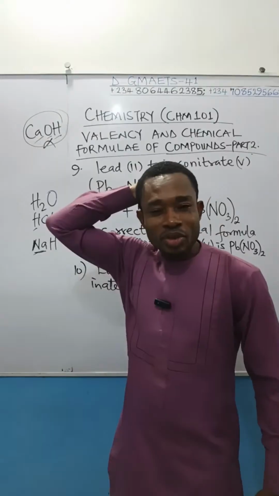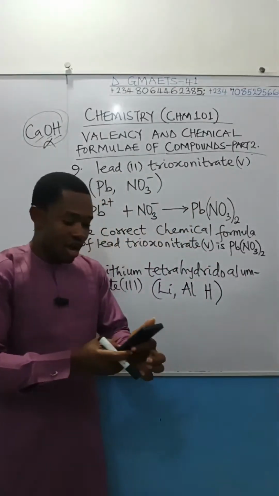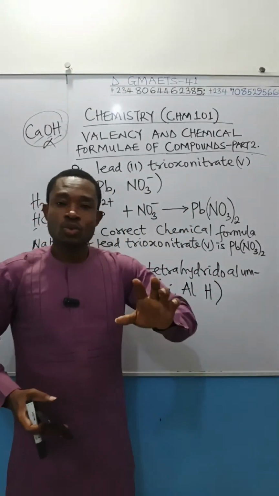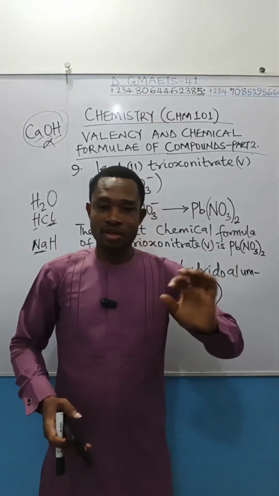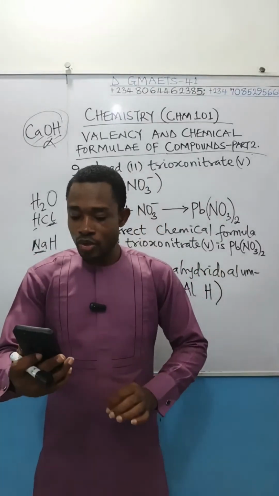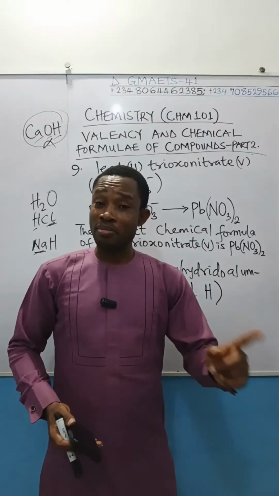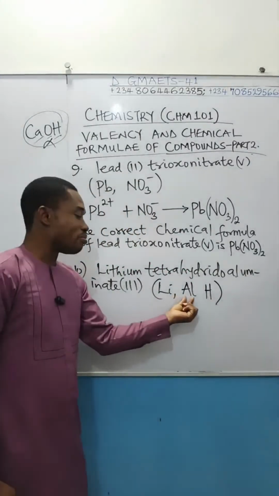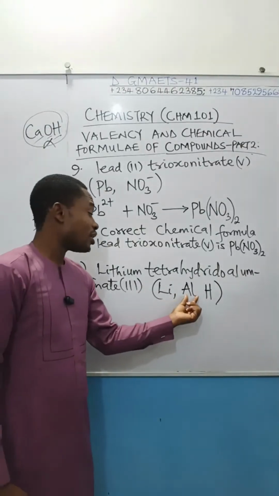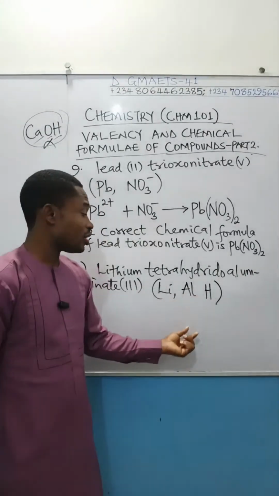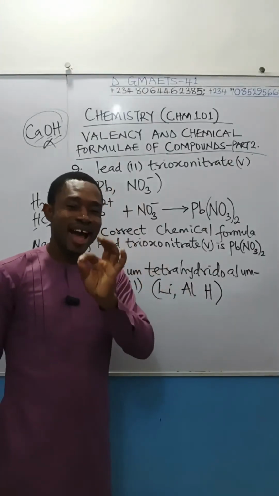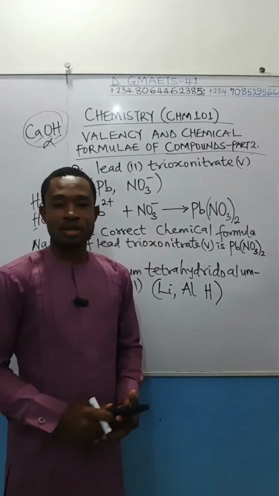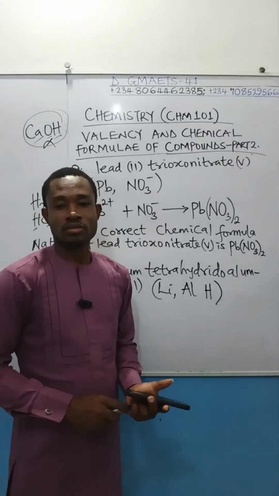So the whole idea I'm trying to explain here is that whenever hydrogen combines with a metal, it behaves as a non-metal. And when hydrogen combines with a non-metal, it behaves as a metal. Look at this case. Hydrogen is combining with metals. Lithium is a pure metal. Aluminum is a pure metal. So hydrogen here will be behaving as a non-metal, carrying a negative charge.